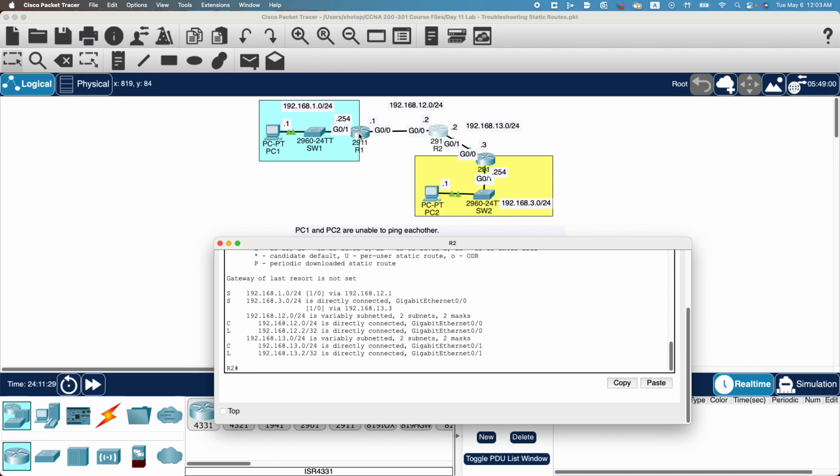So it's got one to 12.1. Good. It's got one to 13.3. That's good. Now I would expect R3 to have a route to this G0/1 interface on router 2. Let me do that.